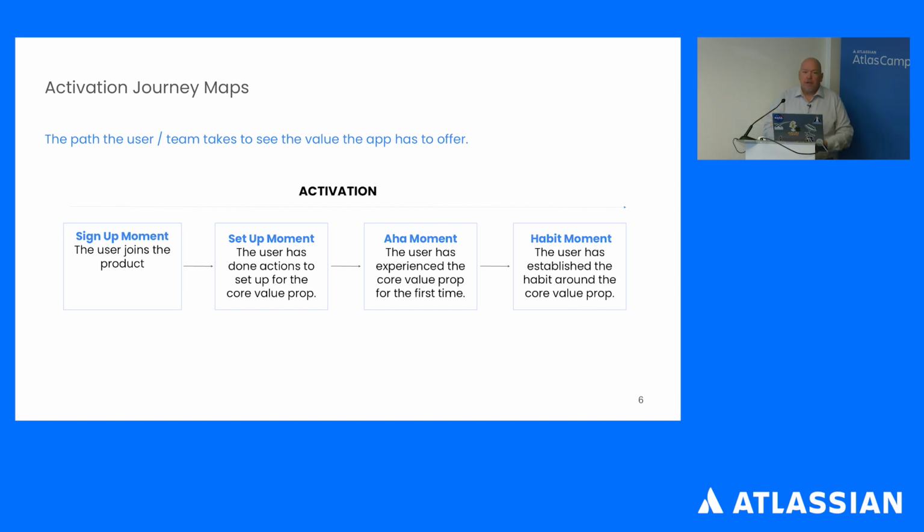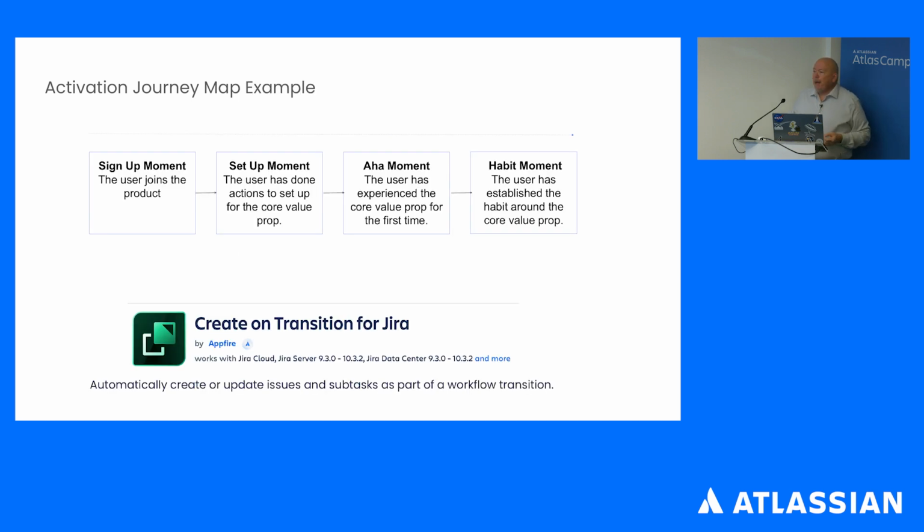I get what they're talking about here. And that's the opportunity for the user to make the decision. Is this right for me? That's the first opportunity. If they do, then we go to the habit moment. The habit moment is, it is so valuable and they understand how to incorporate it into their work that they make it a habit.